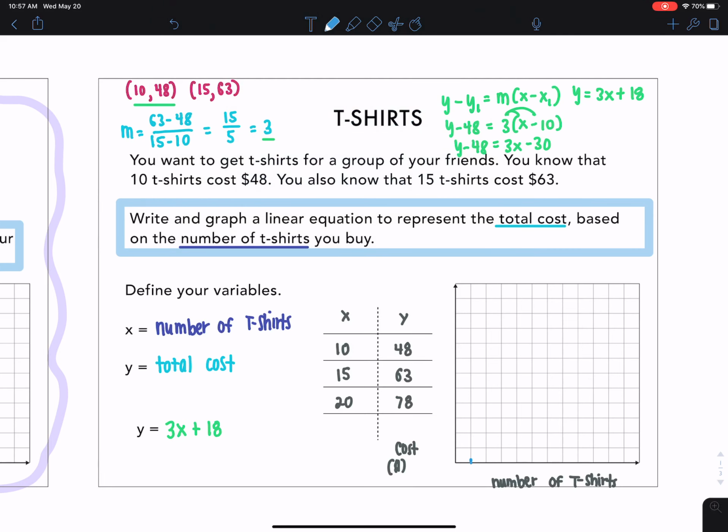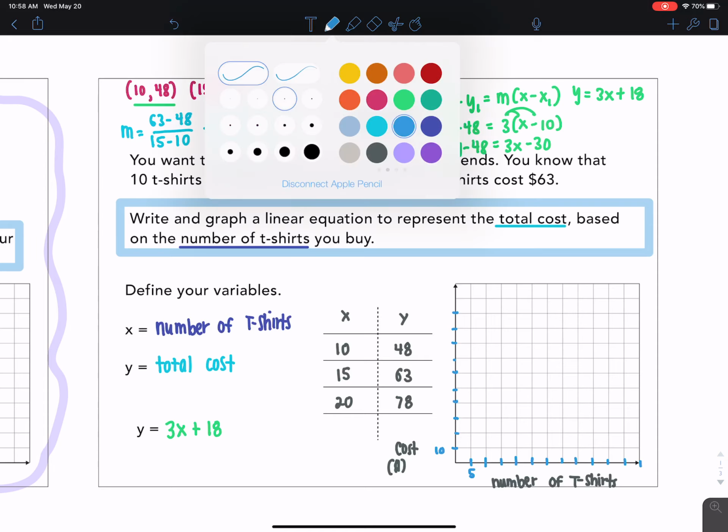So we'll go by 5s here: 5, 10, 15, 20, 25, 30, 35, 40, 45, 50, 55, 60, so on and so forth. And then for the total cost, let's go by tens: 10, 20, 30, 40, 50, 60, 70, 80, 90, 100, so on and so forth.